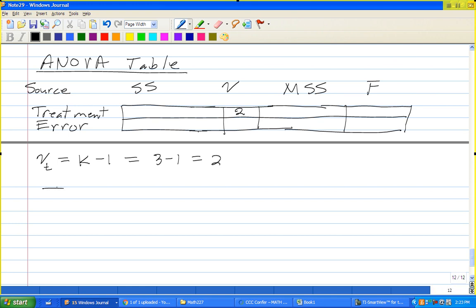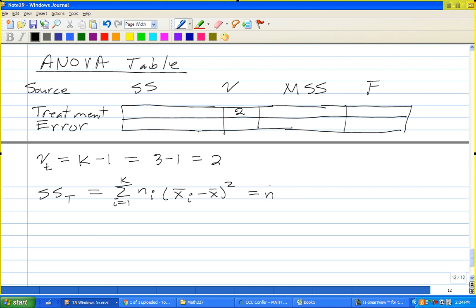The sum of the squares for the treatment is going to be the sum of the individual sample sizes times the means. Maybe I'll write it all out.